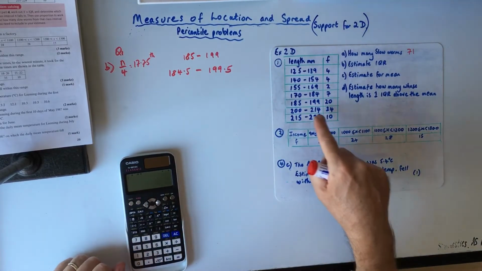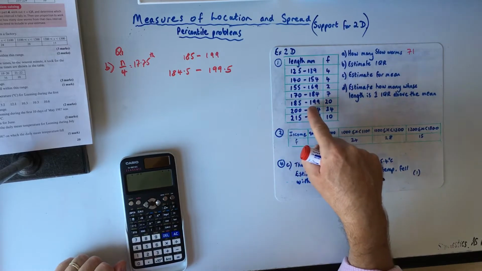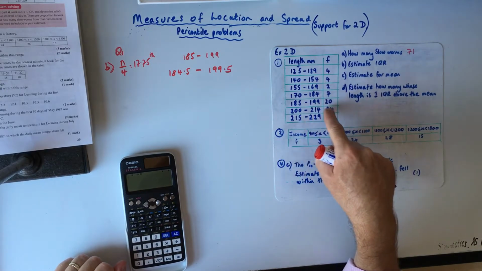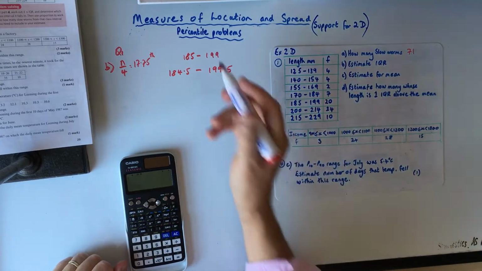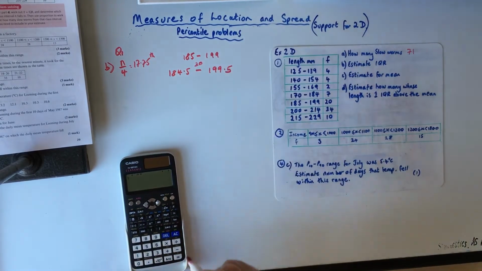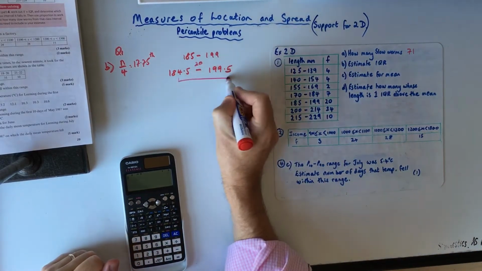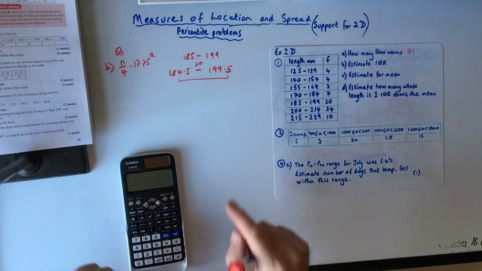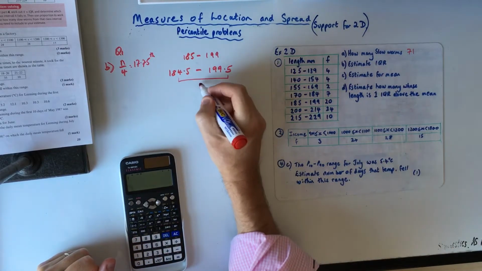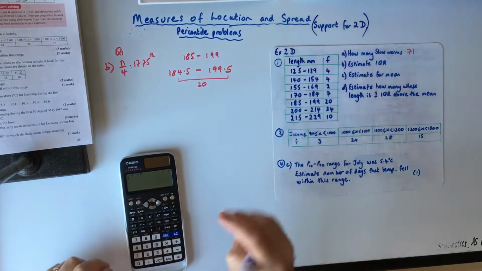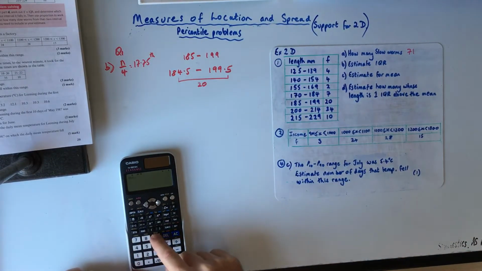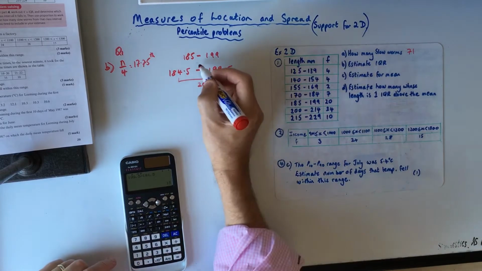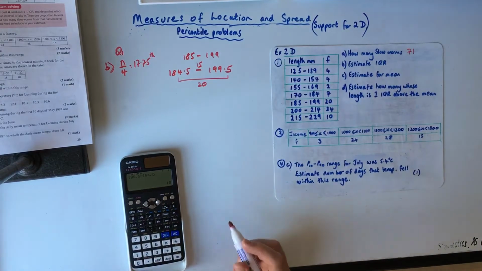How many worms have we got in that group? We've got 20, so there's 20 of them between those two limits. What's the gap? 199.5 minus 184.5. You would think I'd be able to do that in my head, but I can't.